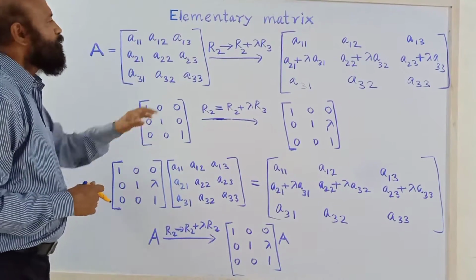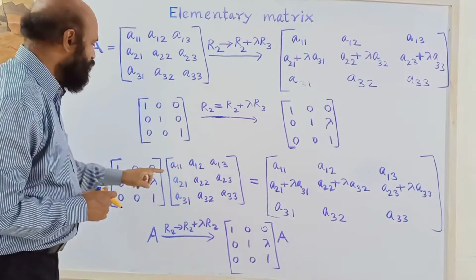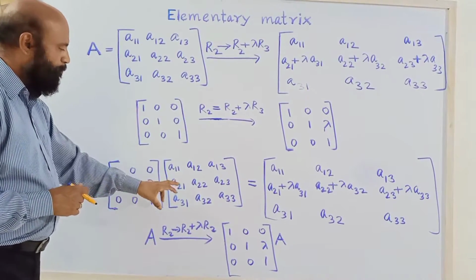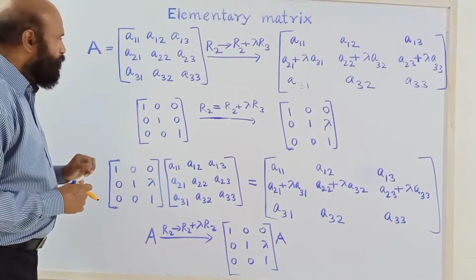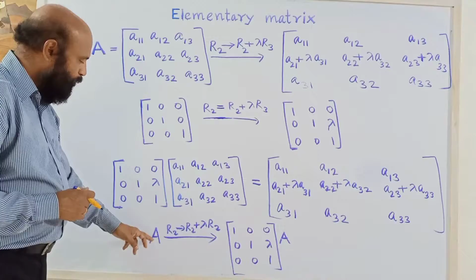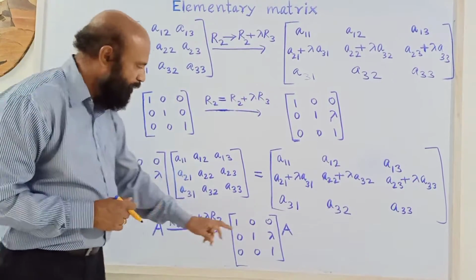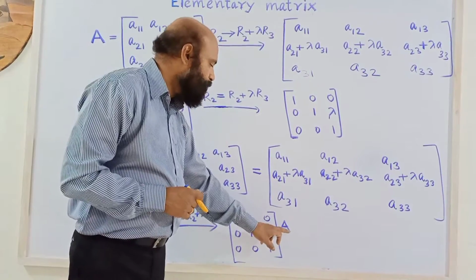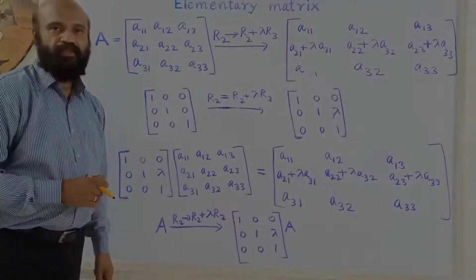That means doing an elementary transformation is the same as pre-multiplying the given matrix by an elementary matrix. From these two we can come to the conclusion that doing an elementary transformation on a matrix is the same as pre-multiplying the matrix by an elementary matrix.